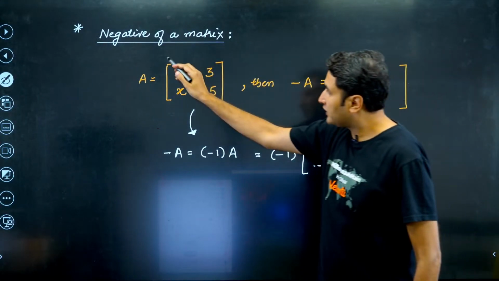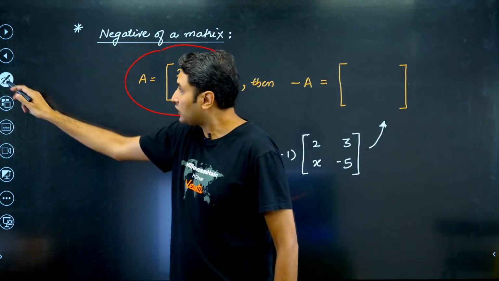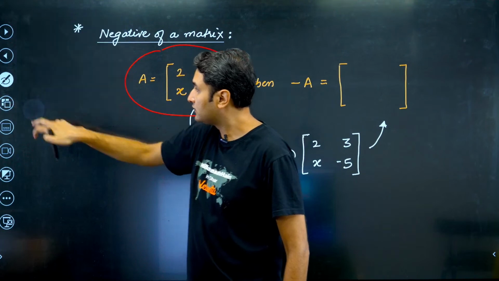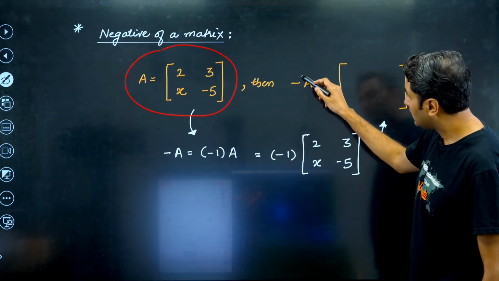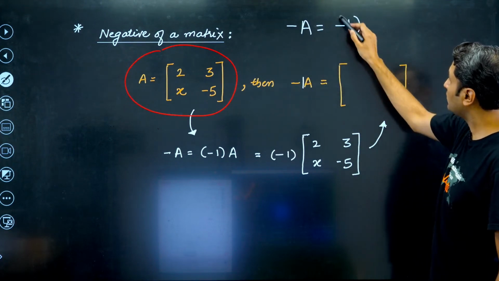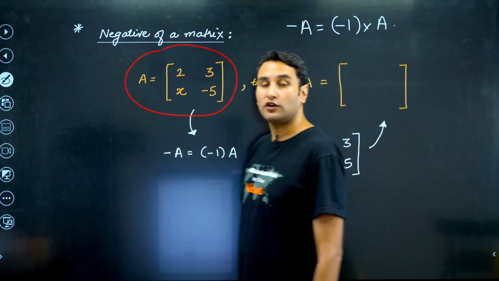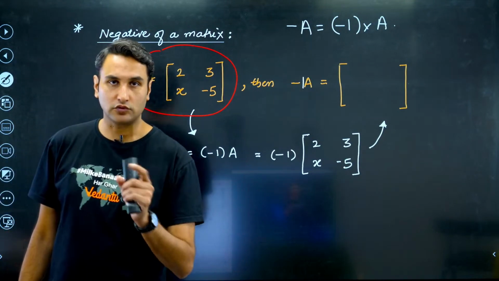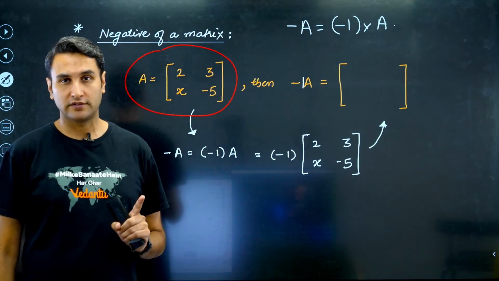So if you are given a matrix A, what if I say I need minus A? So what is minus A? I am actually multiplying: minus A is minus 1 multiplied by A. All the elements will not just become negative, they will get multiplied by minus 1, right?